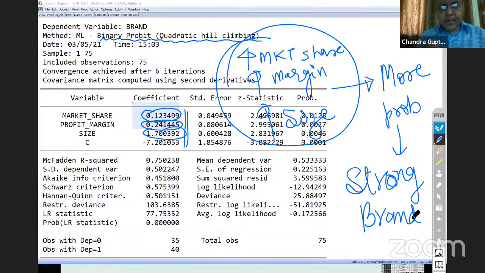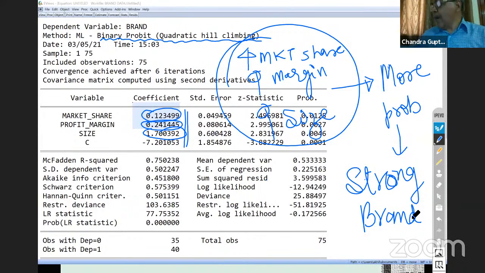That means more of it will mean more probability that the company is having a strong brand. In other words, if you want to see a strong brand of a company, you have to increase the market share, you have to increase its profit margin, you have to increase its size. If you're doing it, then you can make that company's brand more strong. Okay, that's how we interpret these coefficients.